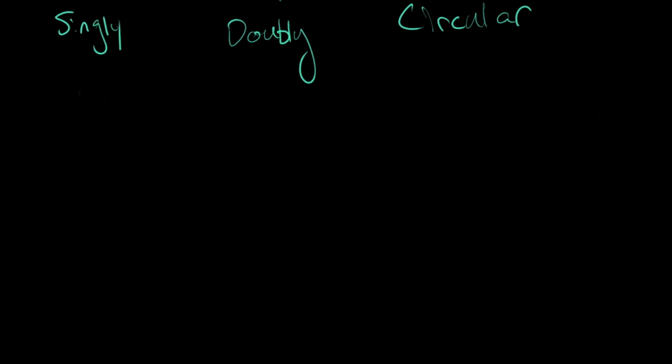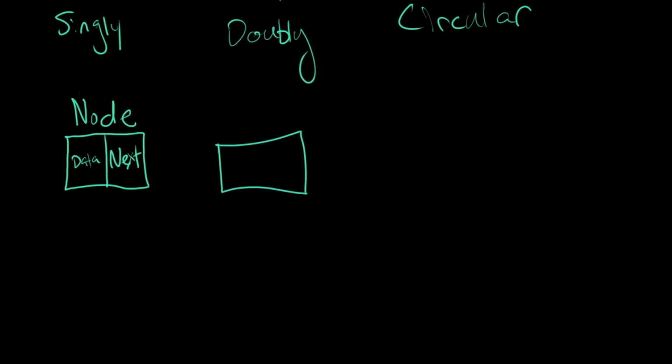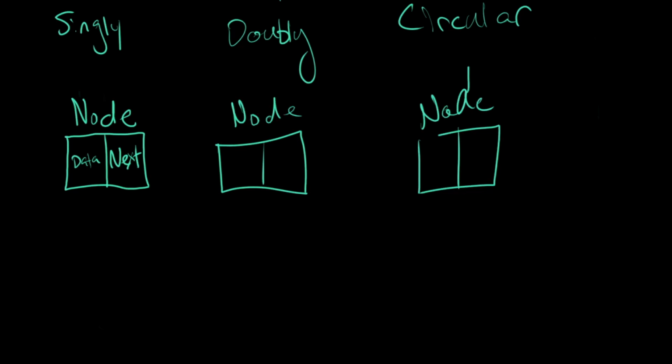The linked list in general uses what's known as a node, which is just a supplementary class or structure that has 2 fields: a data field and a next node field. The next node field is where we point to the next node. That's why it's called next. Let's say we have a few nodes within our linked list, and each node has 2 fields.